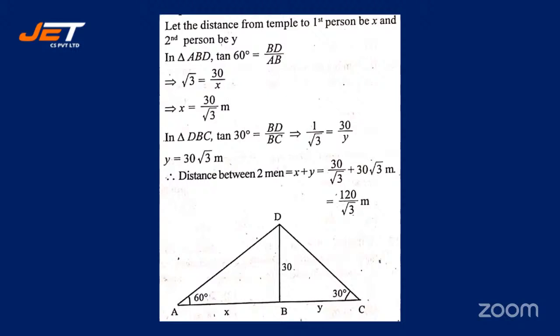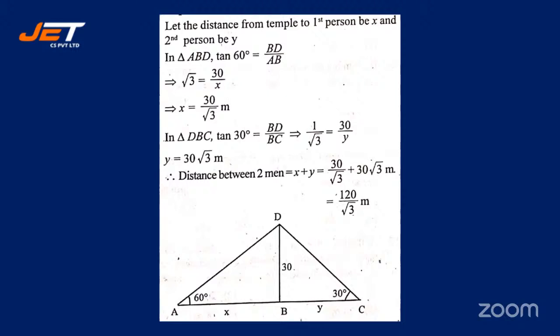So here you can find triangle ABD. Okay, tan 60. What is tan 60 here? Opposite side by adjacent side. Okay, so which is 30 by x is equal to tan 60 is root 3. So x is 30 by root 3.